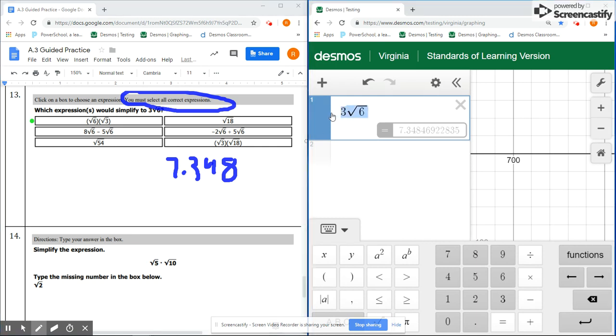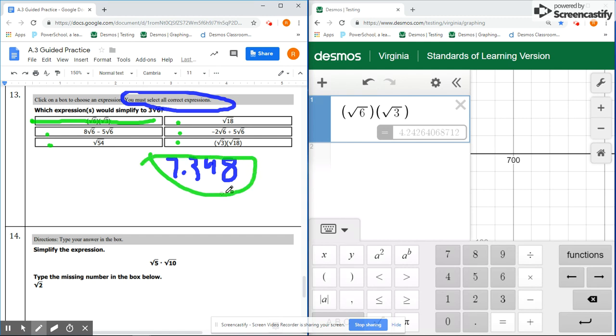So if I check the first one, we have parentheses, square root 6, parentheses, then another set of parentheses, square root 3. Okay, that's 4.24. So that is not an answer choice. All right, and you can just plug the rest of these in here. Plug all 5 of these in to Desmos and see which one is equal to your 7.348 there.